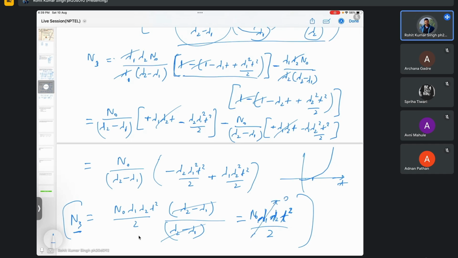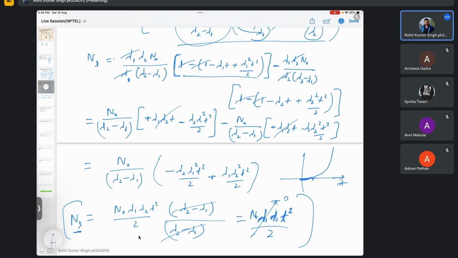For a very short time it will be zero. It's just to show that for the lowest order in time, t square is what comes up. For a very short time the number n3 will obviously be closer to zero, but we just wanted to know what dependence on time it will have.